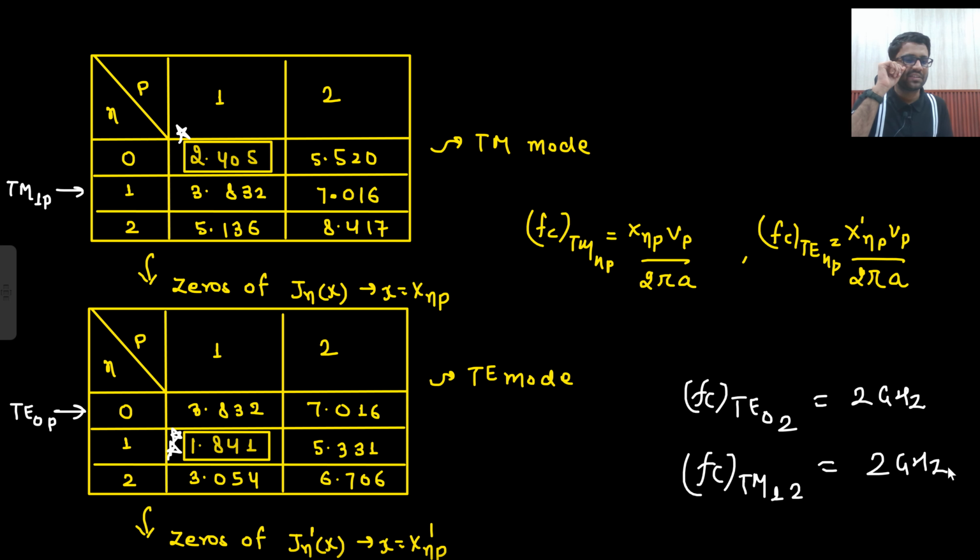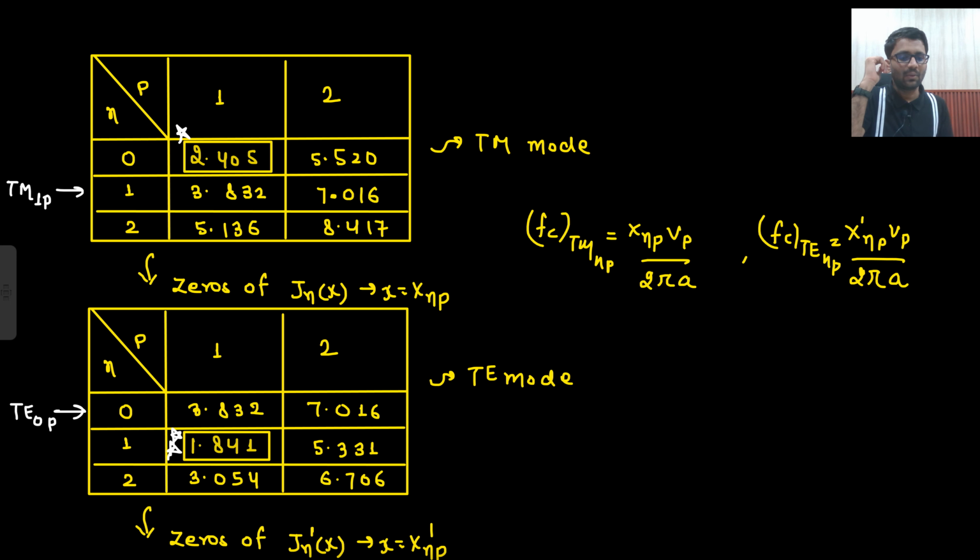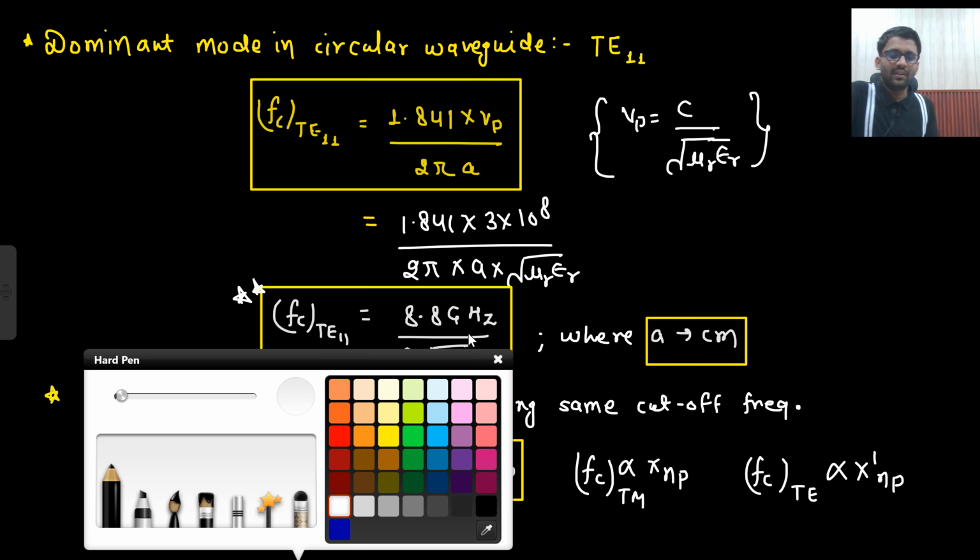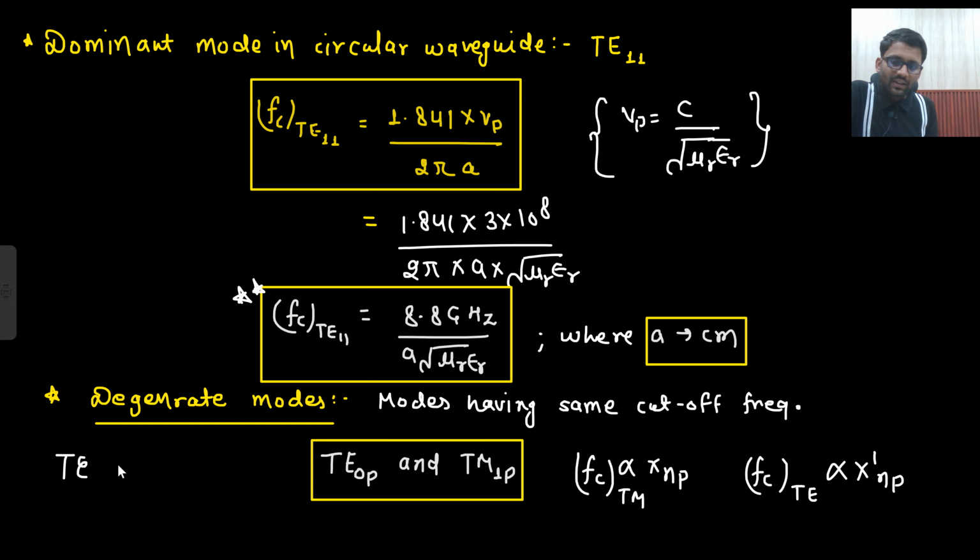That would also be 2 GHz, because TE0P and TM1P both have the same cutoff frequency. Okay, and how do I remember it? So TE sounds as T, right?